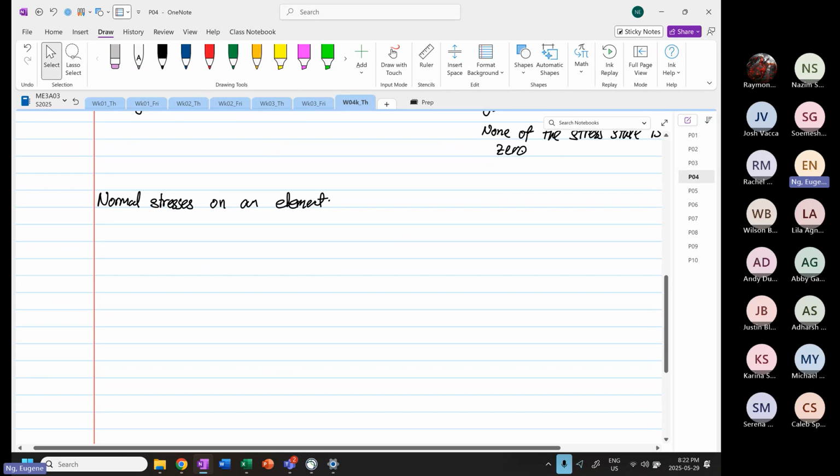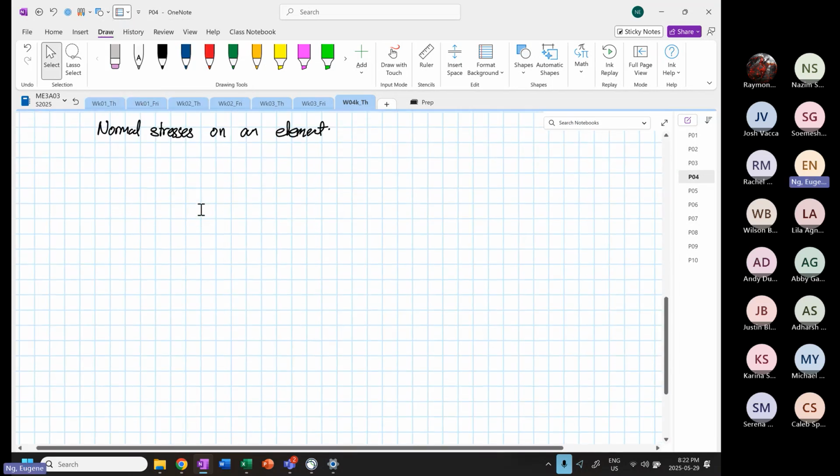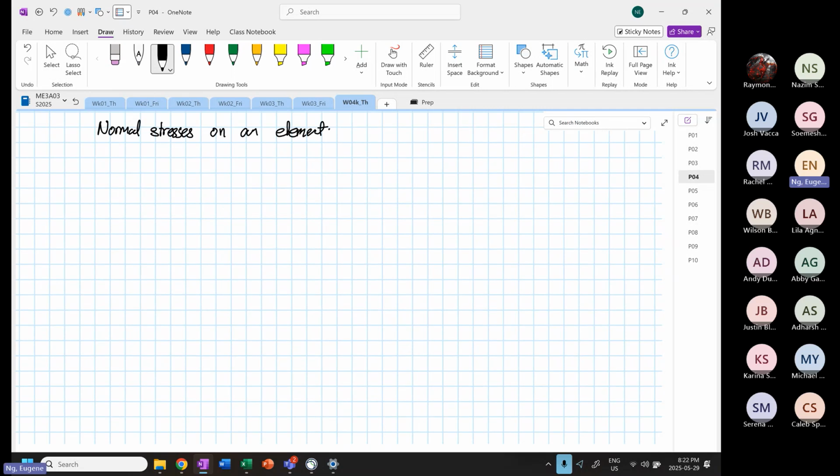So now we are going to do 2D. Okay, we're not doing 3D yet. Okay, we are going to look at 2D now. Okay, so again, this is our X and this is our Y.